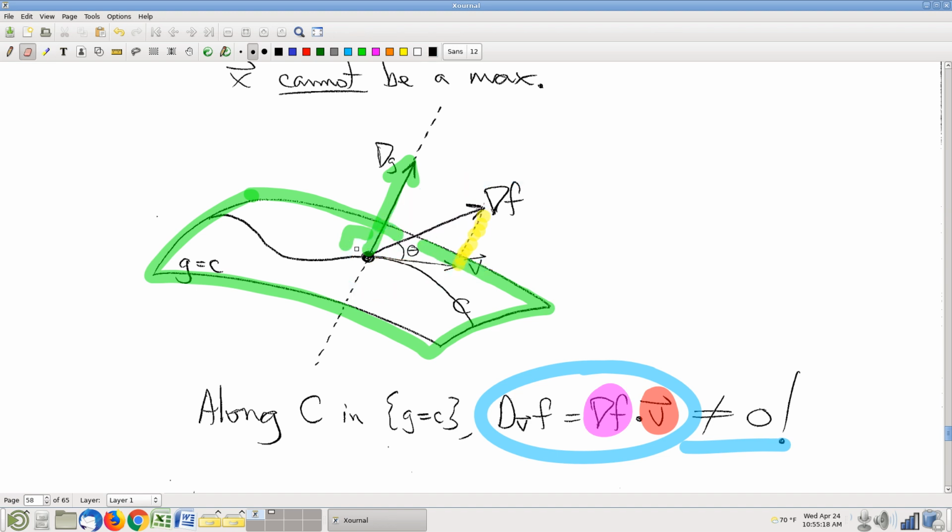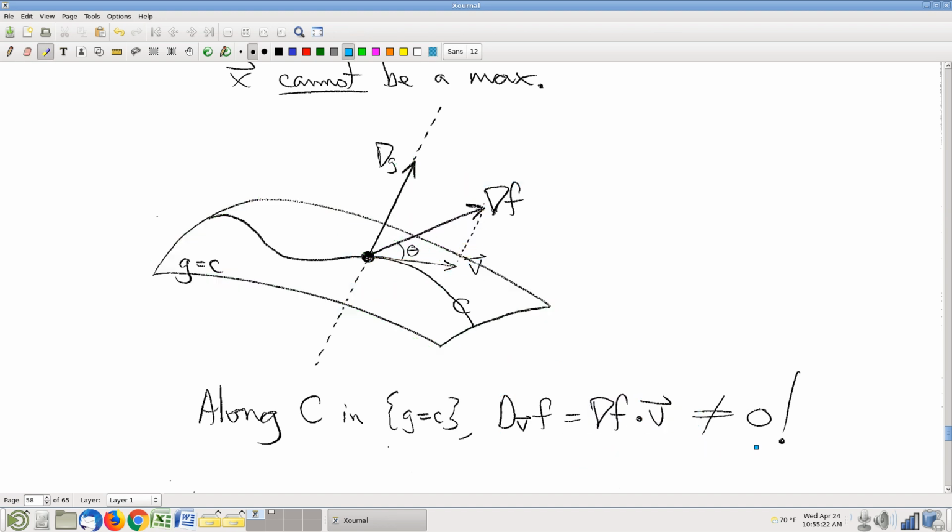All right, so as in our previous cases, what we have found here is a great test for finding not maxes. Just like in the single variable case. So how do I turn this into a test for finding maxes? Well, it's a process of elimination. I have to ask, where is this argument going to fail? What could possibly go wrong in this argument?